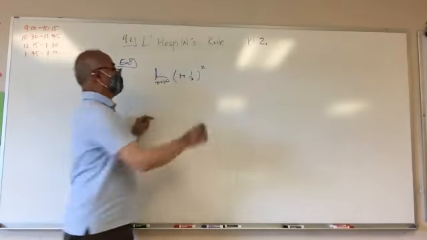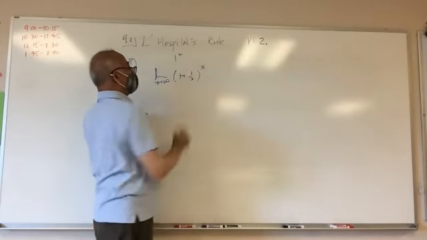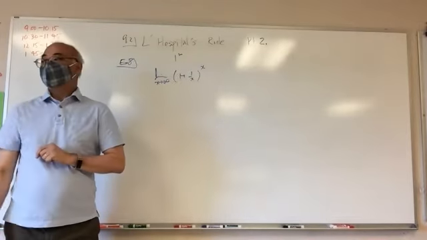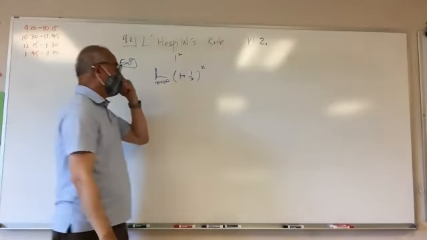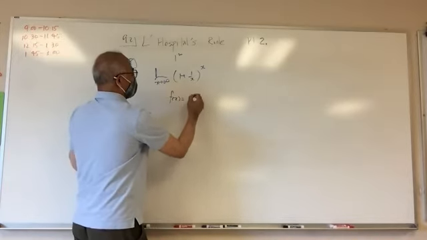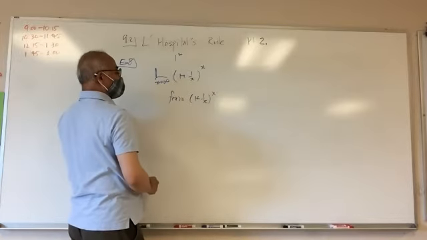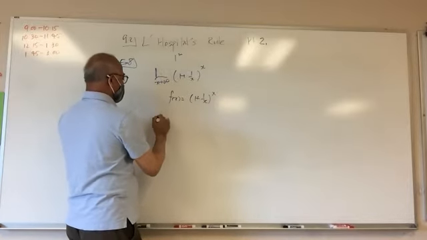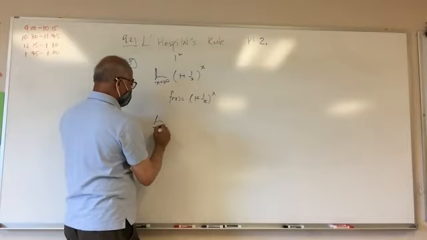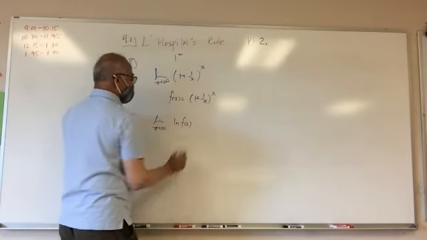Okay, again, since I cannot find this, this is in the 1 to the infinity form right now. I'm going to go ahead and call this f of x. And now I'm going to try to find the limit as x approaches infinity of the natural log of f of x.